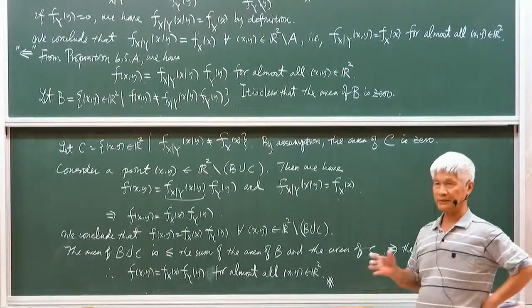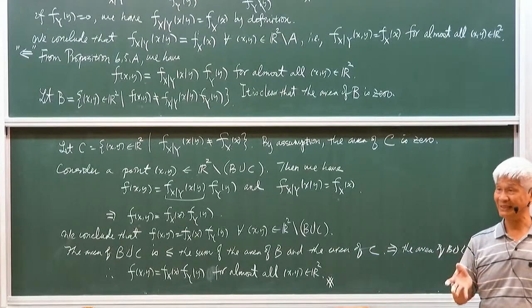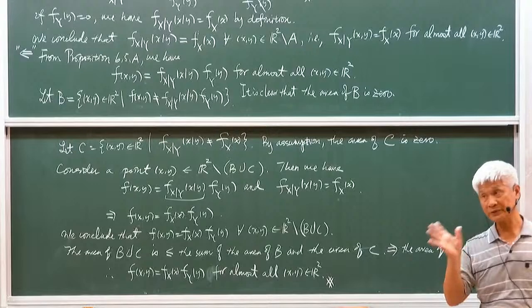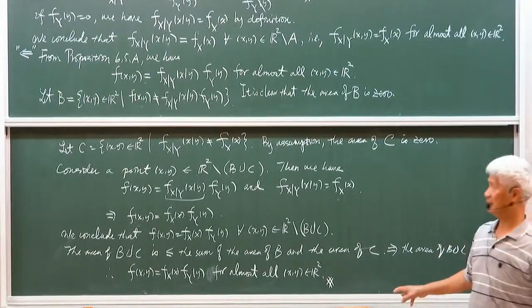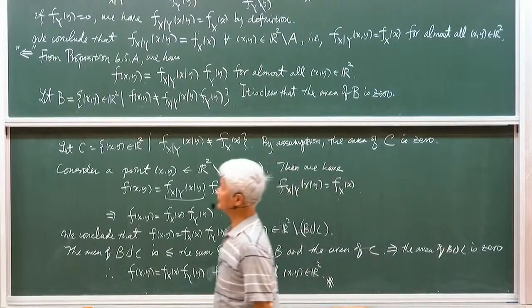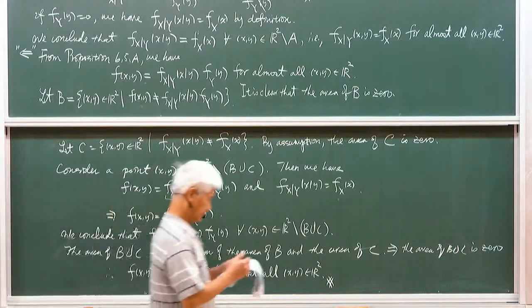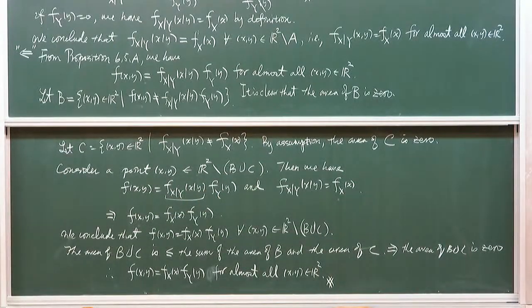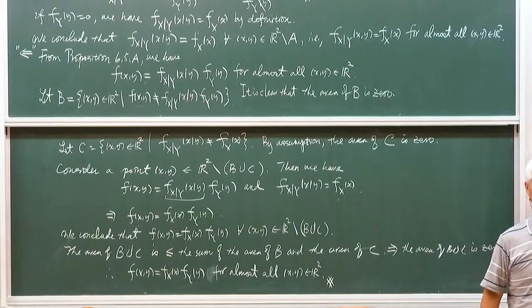So this proof is a very good illustration to understand the meaning of the concept of for almost all, right? What is almost all? Okay. Any questions?